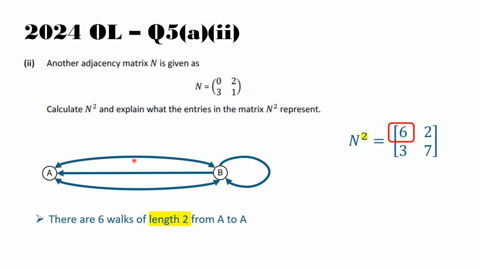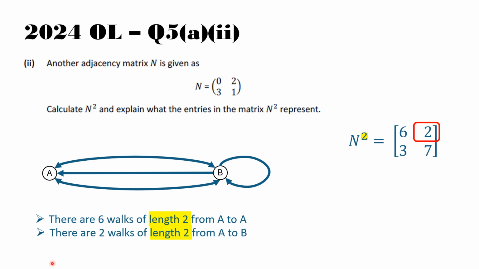The next is go over the same way, but come back this path. That's 3. Then we could go over this way and back the same one. That's 4. Over the same way again, back here. That's 5. Over the same way again, but come back here, and that is 6. That is our 6 walks of length 2 from A to A. So going 2 steps and we're back to A.